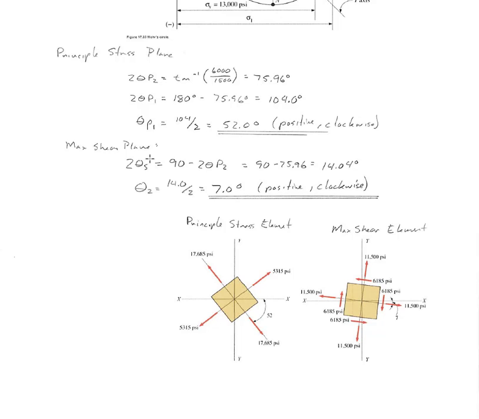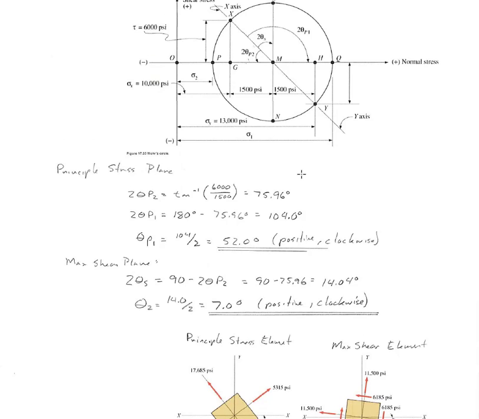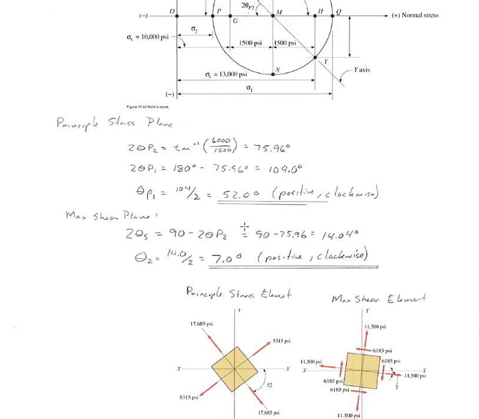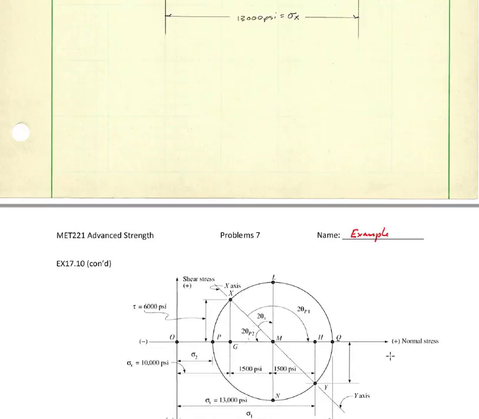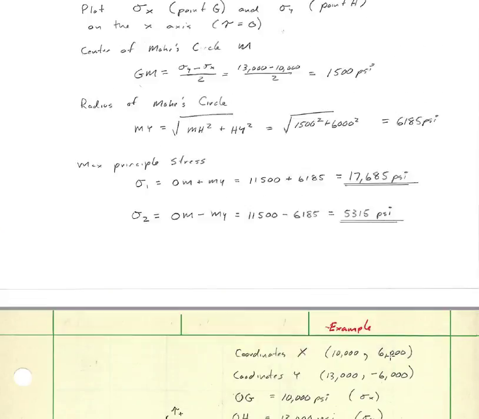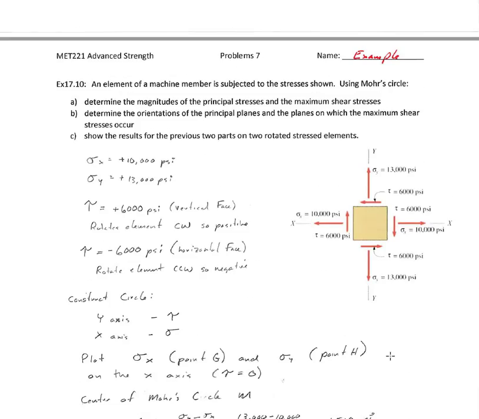And then I calculated this 2 theta s using this equation right here. So we had 2 times theta p2 from this triangle here, and if we subtract that from 90 degrees, we get 2 theta s. Okay, so 7 degrees positive clockwise right here. Okay, so that's how we solve Mohr's circle problems for the general state of stress in a point.